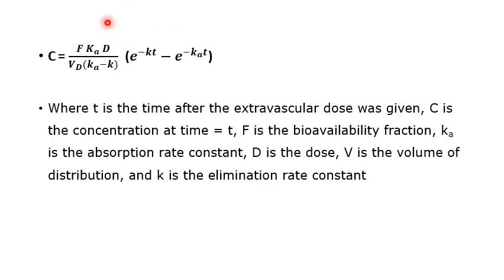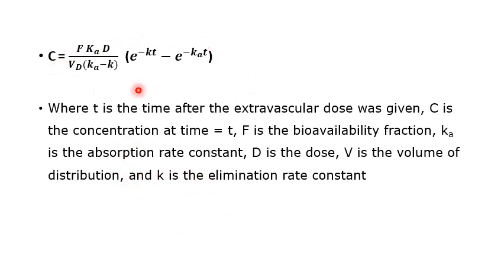This equation is normally used to calculate the plasma concentration at any time following oral administration of the drug. Here, t is the time after the extravascular dose was given, C is the concentration at time t, F is the bioavailability fraction, Ka is the absorption rate constant, D is the dose, V is the volume of distribution, and K is the elimination rate constant.